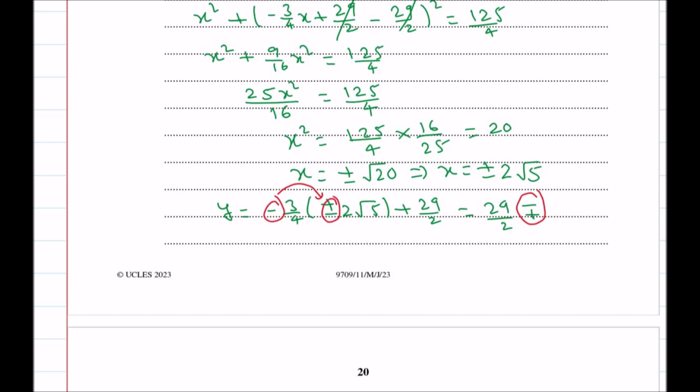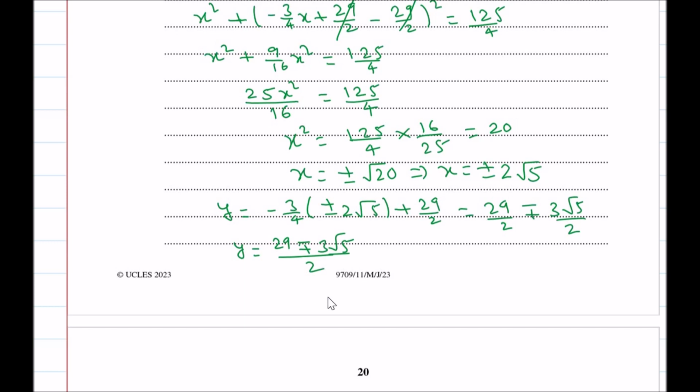Okay. So minus plus, we get 3 root 5 by 2. Even we can write this like this, 29 by 2, 29 minus plus 3 root 5 by 2.